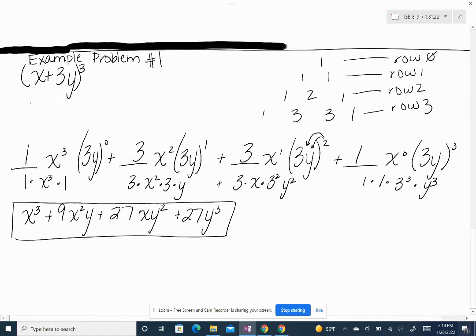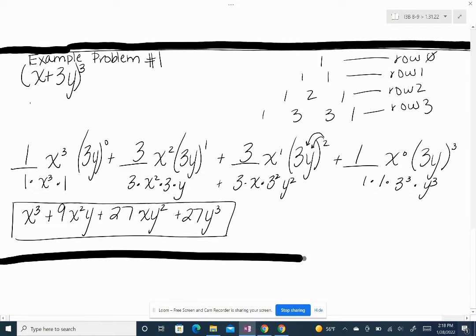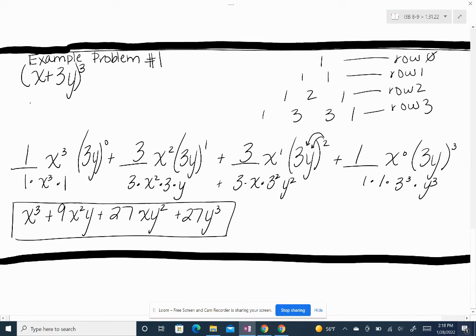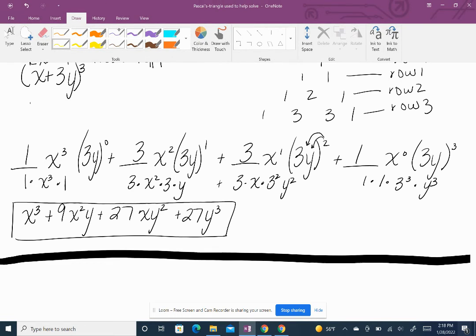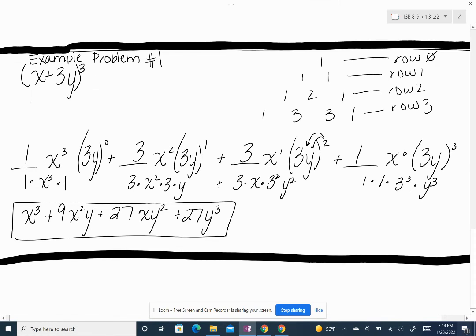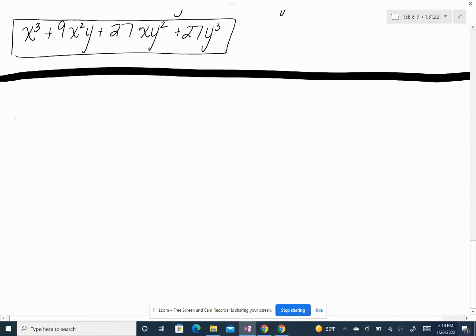Sure, that's good enough. Just so we kind of know we're looking at two different things. Okay. Oh, no, that is not what I wanted. Sure. Okay. Let's take a look at example problem number 2.